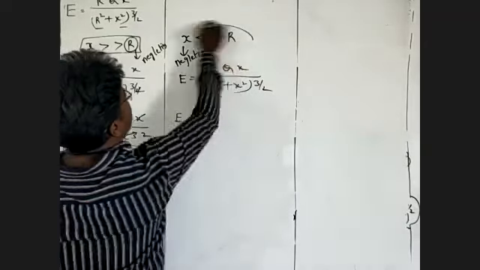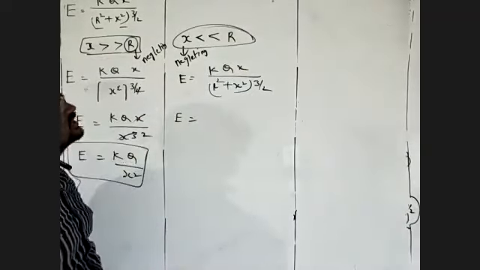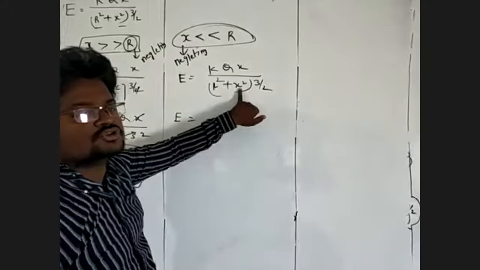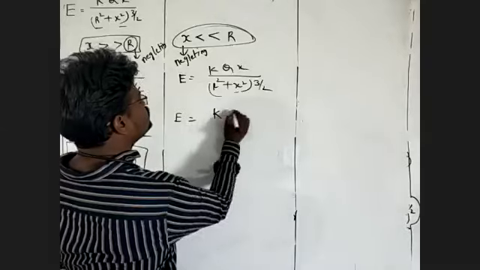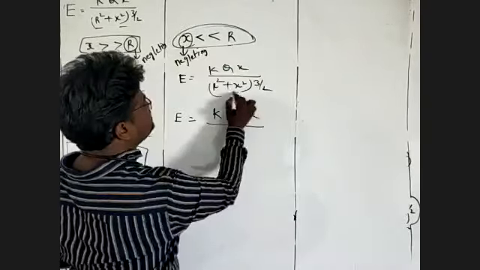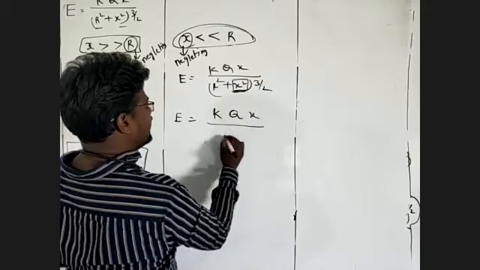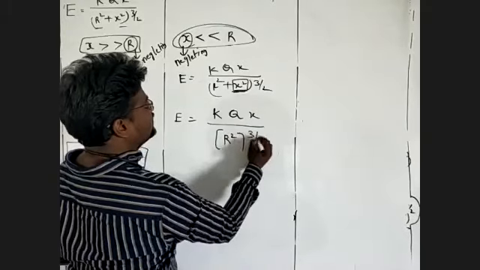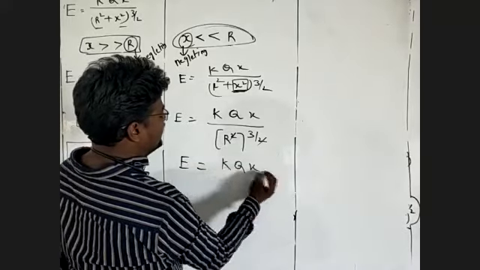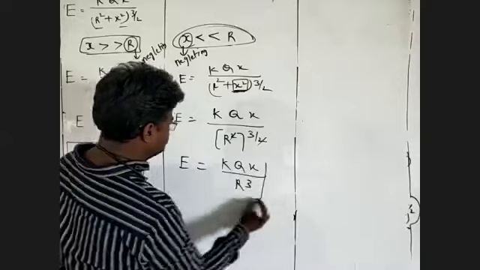In this condition, x is much less than r, so x square should be removed. Then we have kqx by r square whole power of 3 by 2. Square and square cancel each other. E is equal to kqx by r cube. This is your answer.